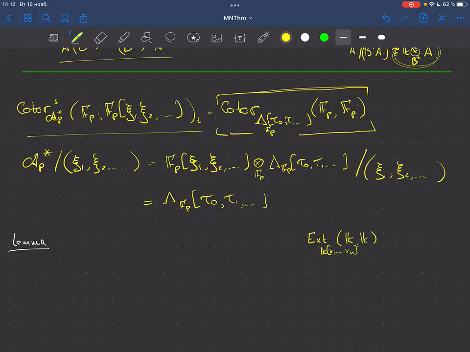What is the answer in this case? The exterior algebra of n elements, the exterior algebra on y1, ..., yn. And actually, you have the dual picture here.